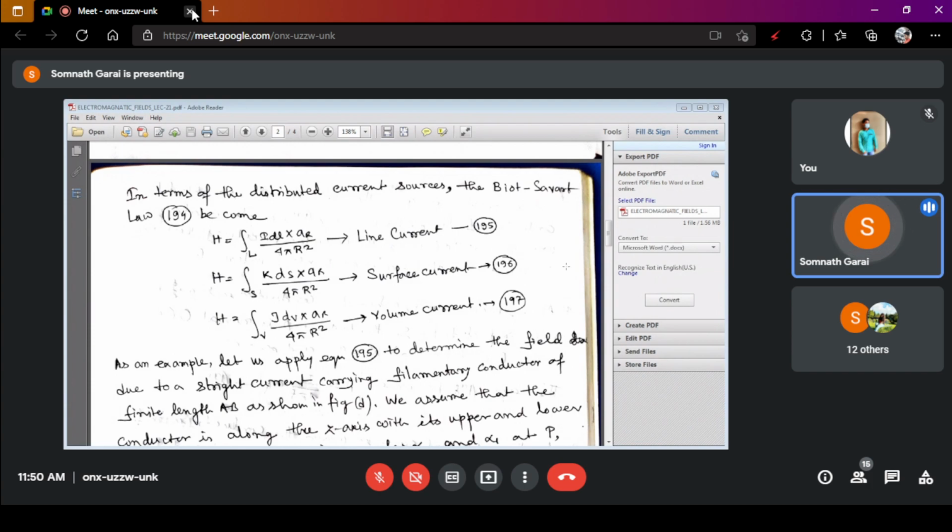Equation number 195 represents the magnetic field intensity produced by a line current.